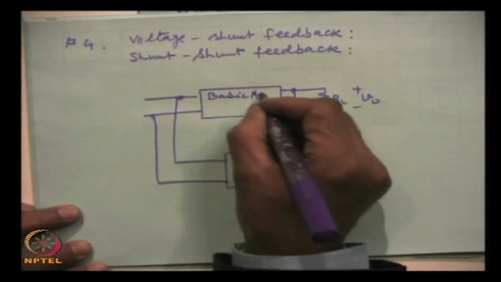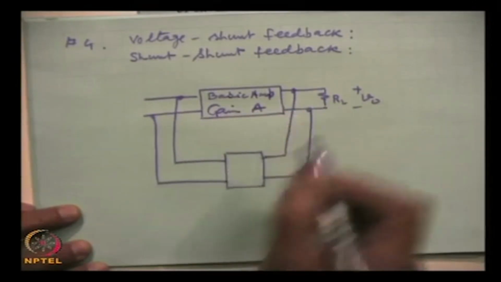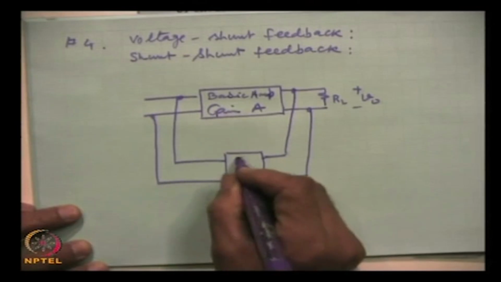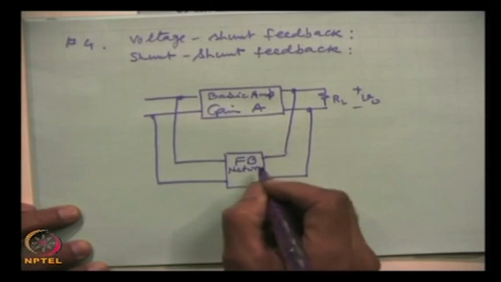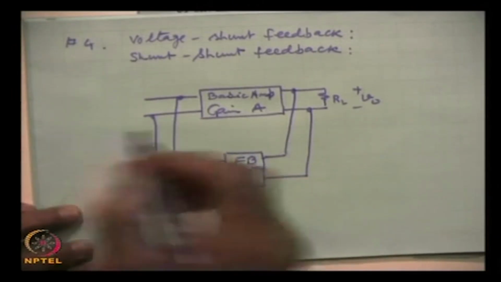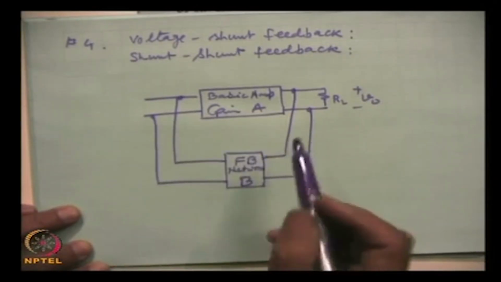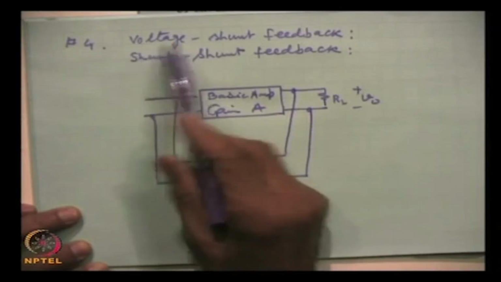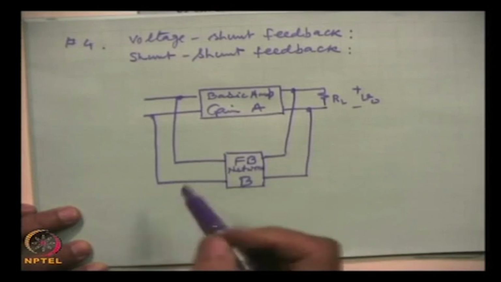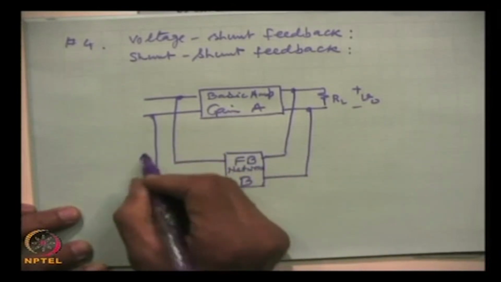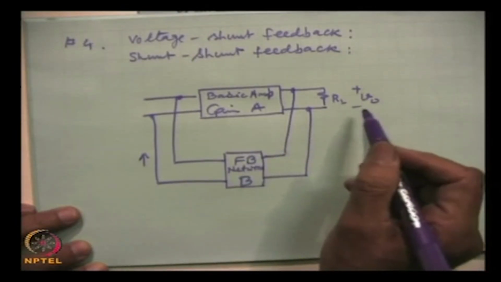the basic amplifier having gain A, the open loop gain, and this is the feedback network having gain B. In this we are sampling the output voltage, a fraction of the output voltage, and the current which will vary in proportion to the output voltage V 0.